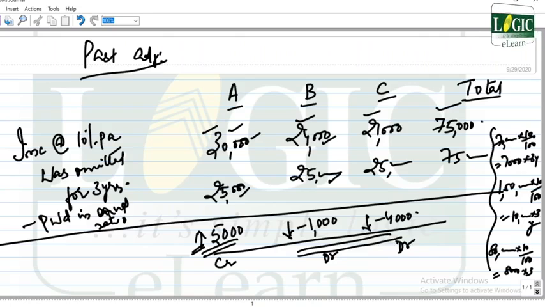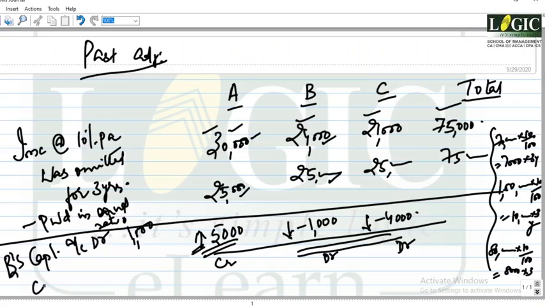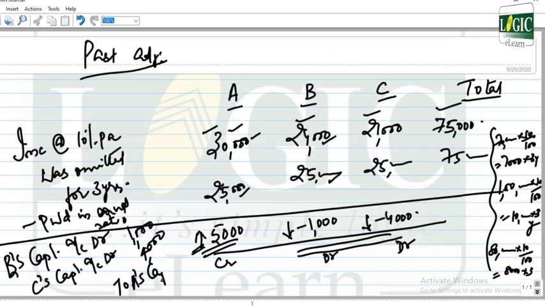Hence, the journal entry turns out to be B's capital account debited, how much? 1,000. C's capital account debited 4,000, to A's capital account. How much? 5,000. What narration will you write?